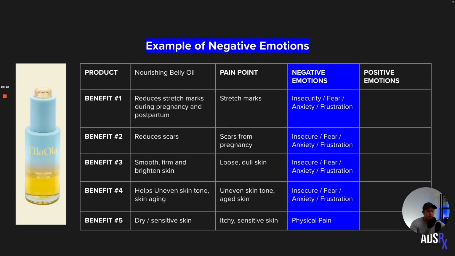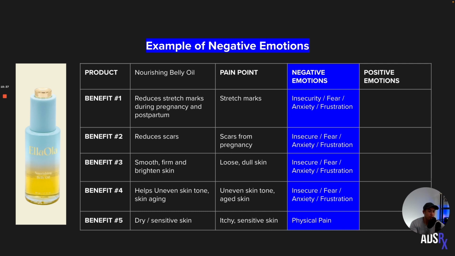All right, next is, what are these pain points linked to emotionally that are considered negative emotions, okay? So when you have stretch marks, the typical emotions are probably insecurity. Insecurity, you don't want to show it off to anybody. You have fear of showing it off, potentially. You have anxiety because they won't go away. Frustration because maybe you've used everything and it doesn't work, right?